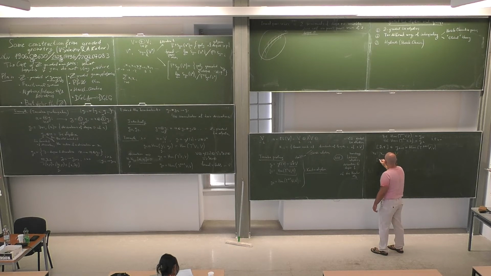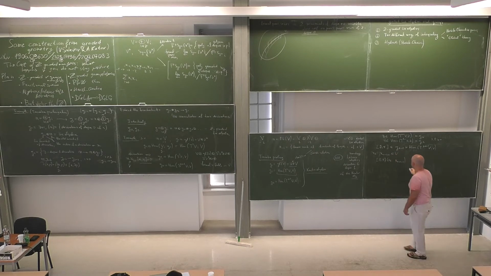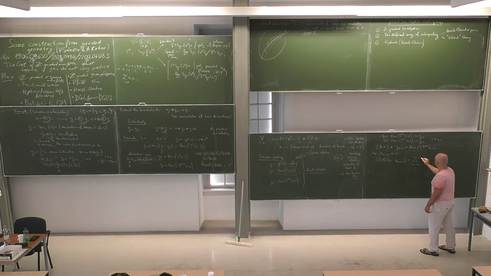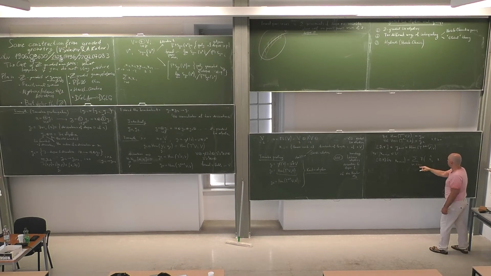Then the bracket is the following: [phi, psi] evaluated at x_1 and so on, x_{k+l+1} equals the sum over all i_1 < ... < i_{l+1}, I guess, of phi, where we omit all vectors x_i with these indices, and then on the i_{l+1} position we put psi of x_{i_1} and so on, x_{i_{l+1}}, and so on.